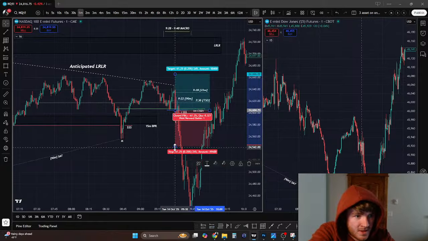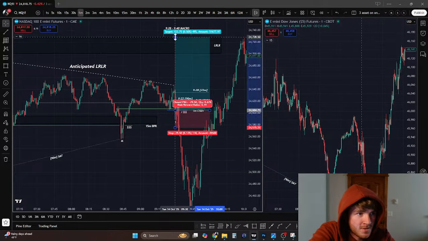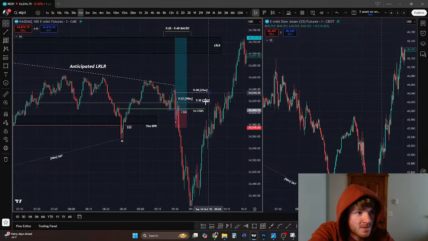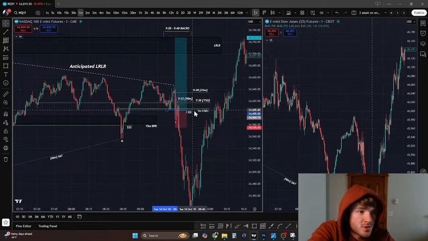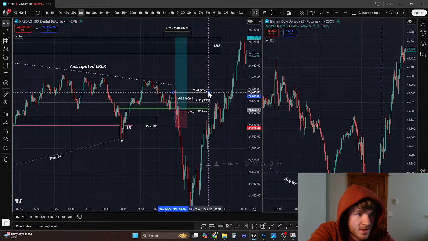It's kind of had a stop loss like this, targeting the LRLR. And yeah, that's okay. Good. I honestly think it was a pretty strong trade with the wrong bias, and that's okay.